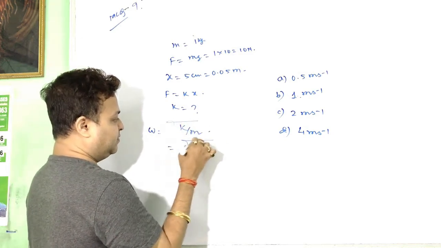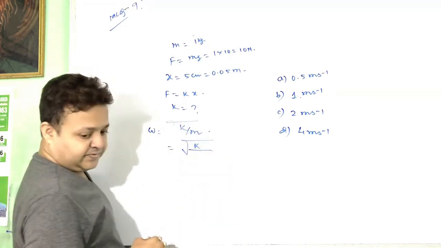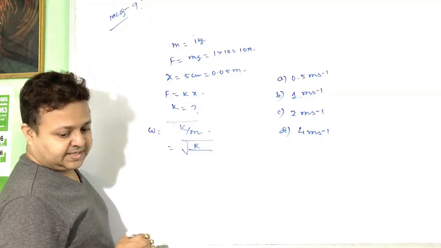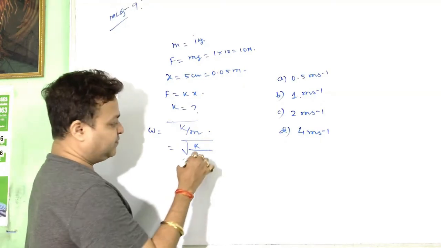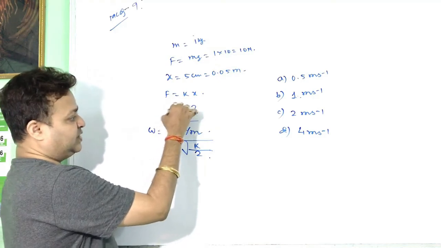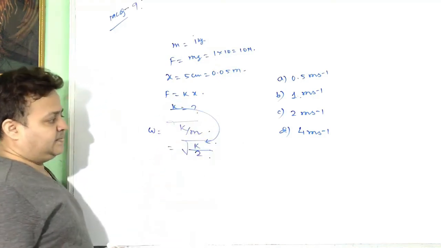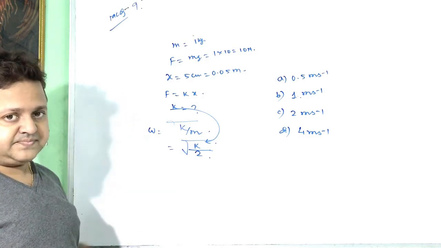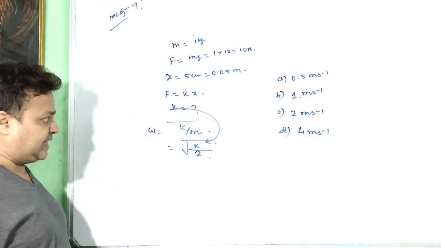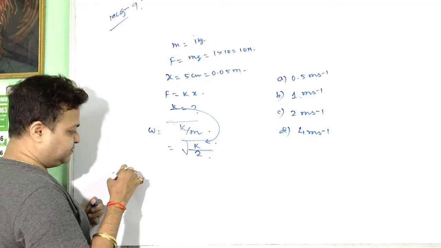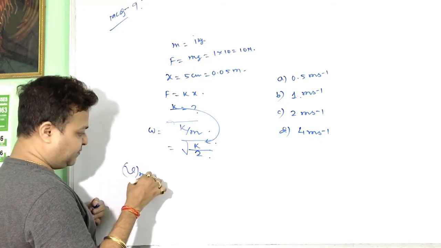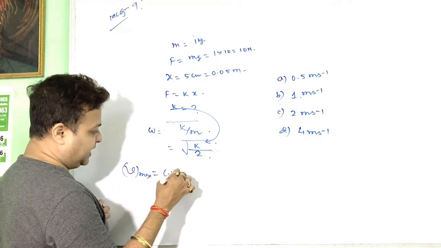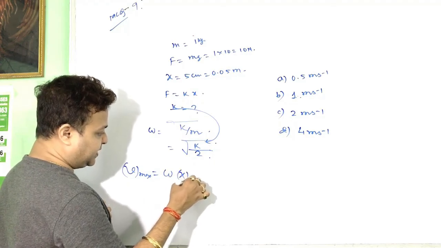Now the block suspended is 2 kg, we will put that here. And what is the maximum velocity? Vmax is omega into maximum displacement.